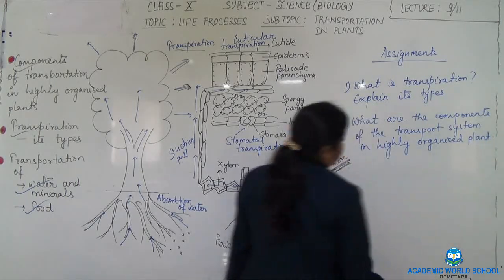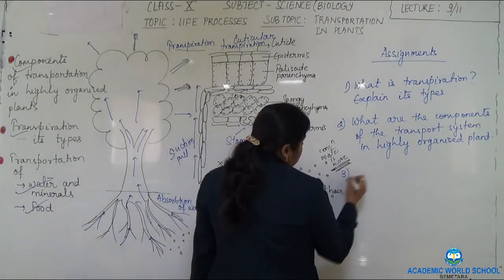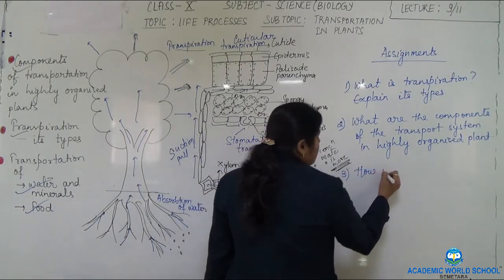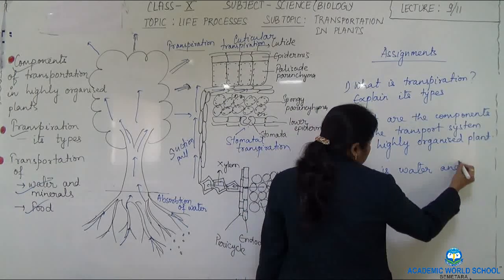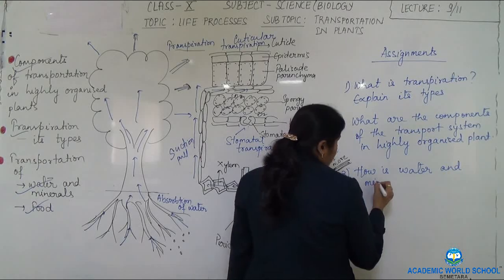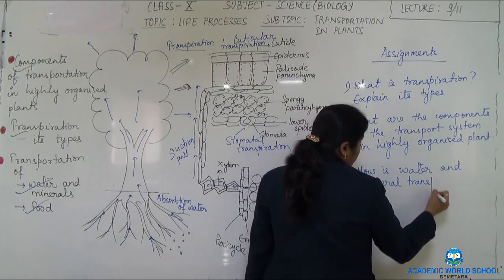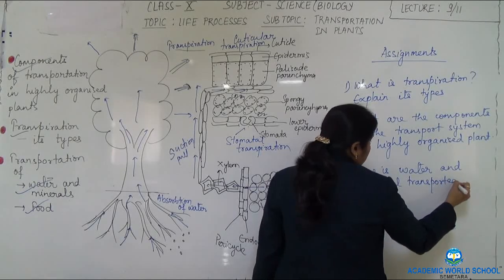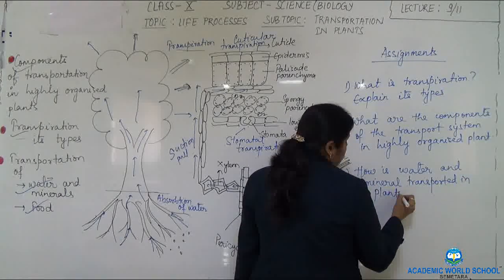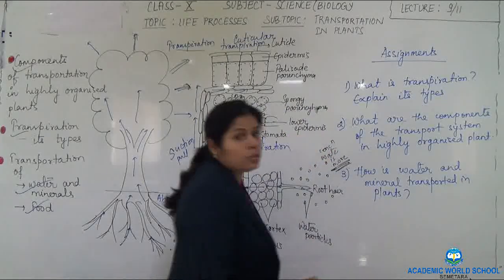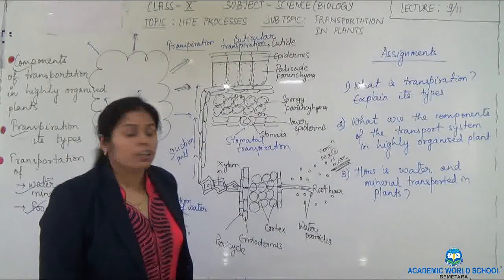These are the xylem and phloem, the 4 components. And the last one is how are water and minerals transported in plants. Water and minerals are transported by those three processes: mineral absorption, absorption of water, and ascent of sap.